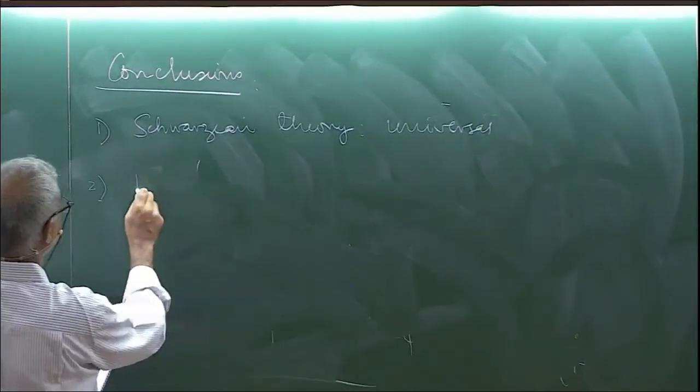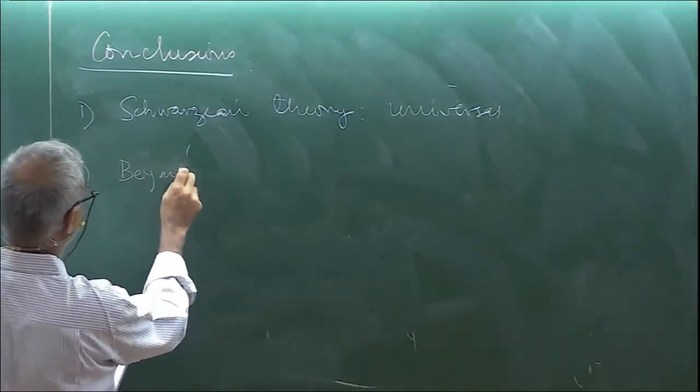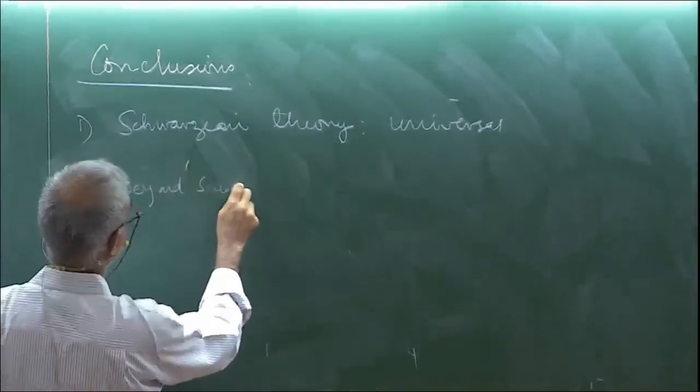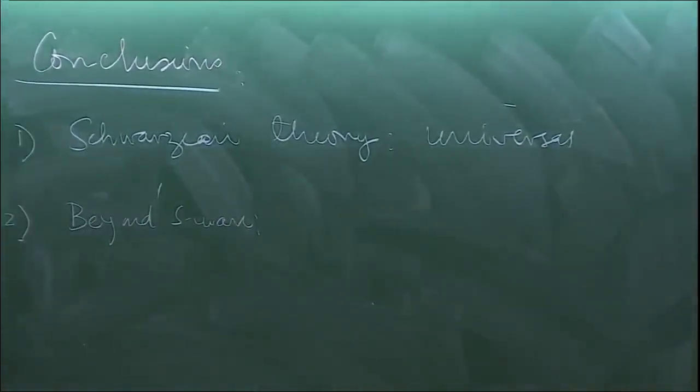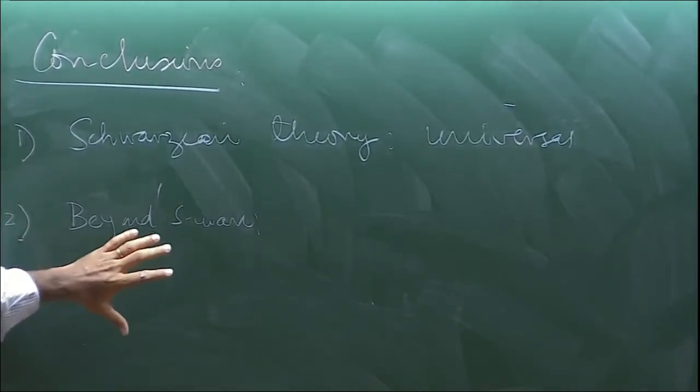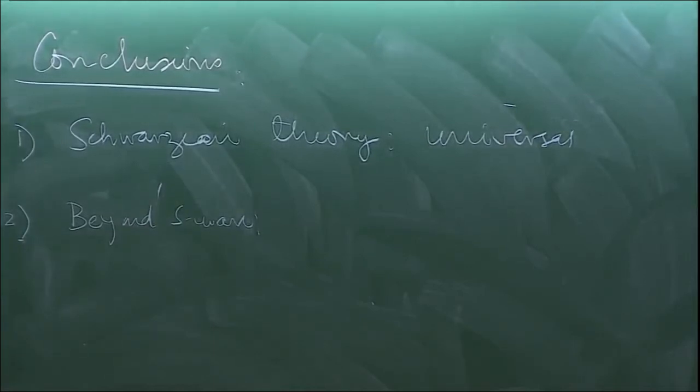But before that, let me say an important thing, which is beyond S-wave. There's a bit of a subtlety. There's a whole connection between the Schwarzian action and large gauge transformations and so on, which some of you know, which I couldn't go into. But the basic reason why you expect this to go through beyond S-wave is the following.